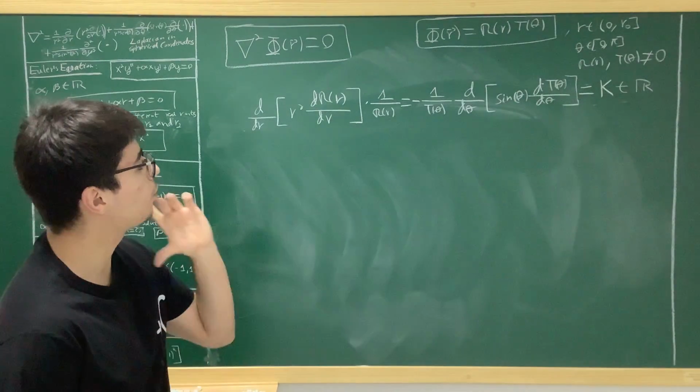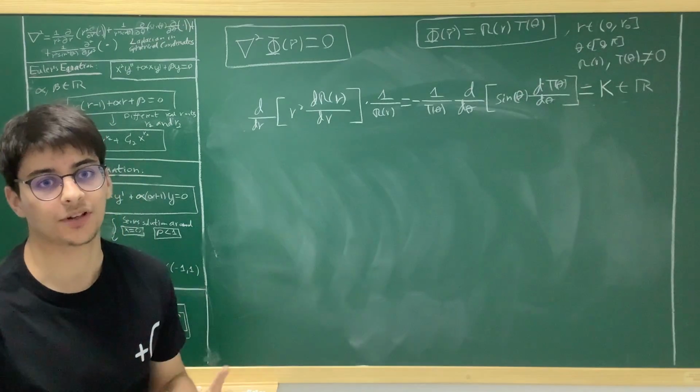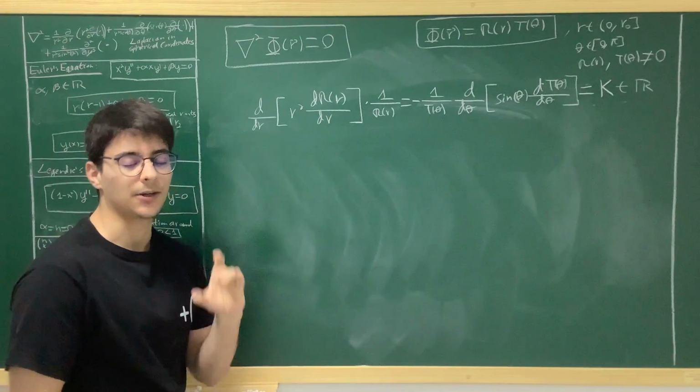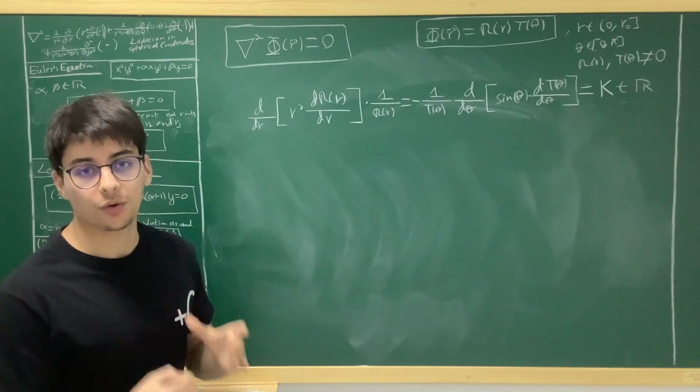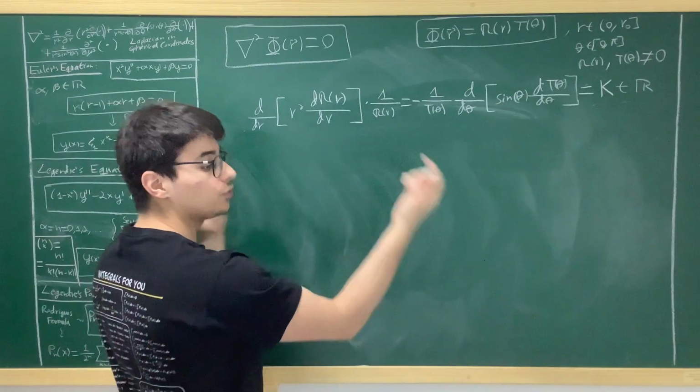Notice that now we no longer have partial derivatives. We don't have a partial differential equation. We have reached our goal, and that is to express everything in terms of ordinary differential equations with ordinary derivatives. So we can split this into two differential equations.